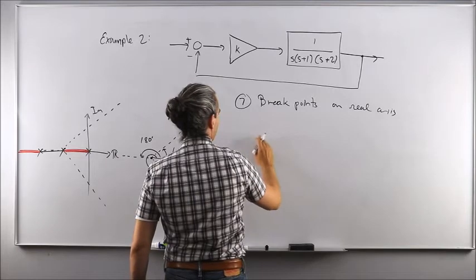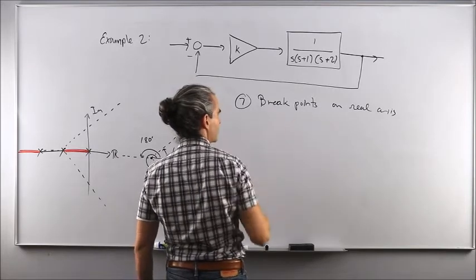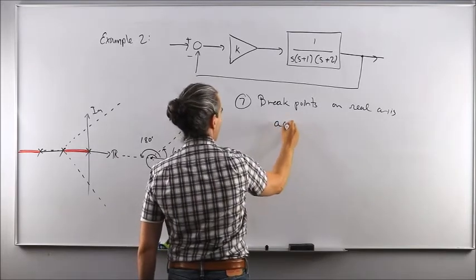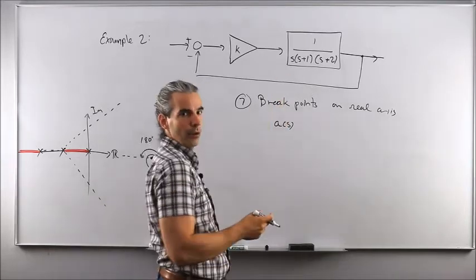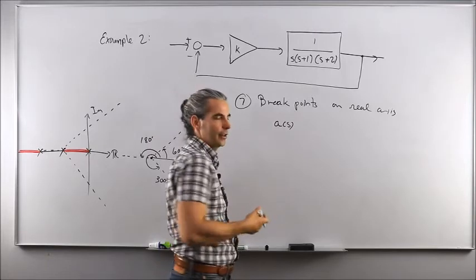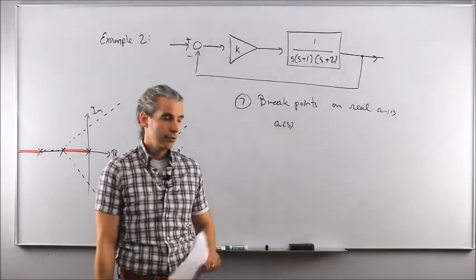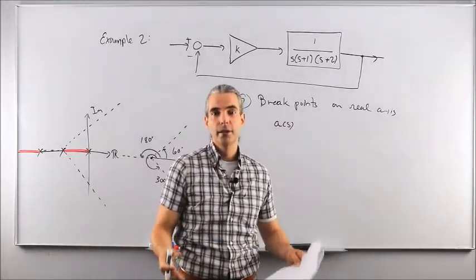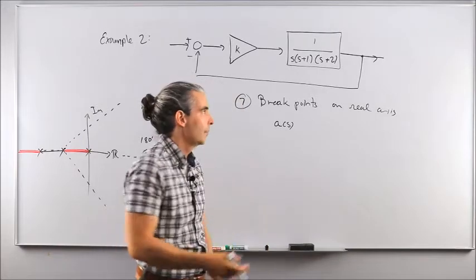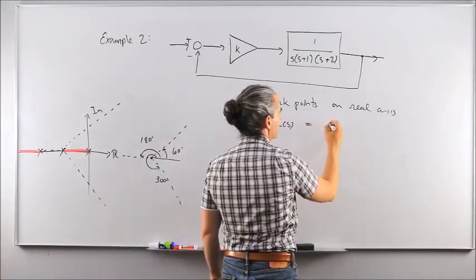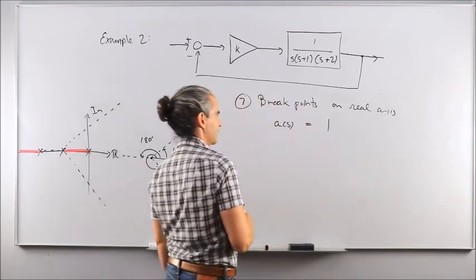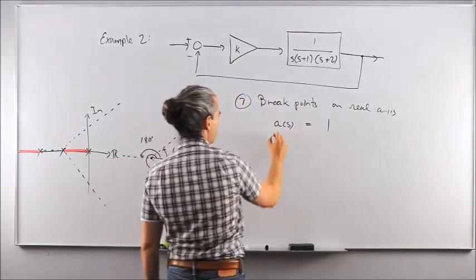So here, I need to refer to my opening transfer function to define my A. The A is related to the numerator, where you would write S minus Z1 times S minus Z2, S minus Z3, all the way to S minus Zm. But because I don't have any zeros, all I have is a gain essentially. I consider that this is simply 1.